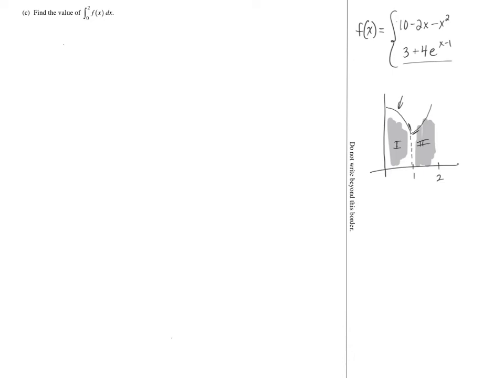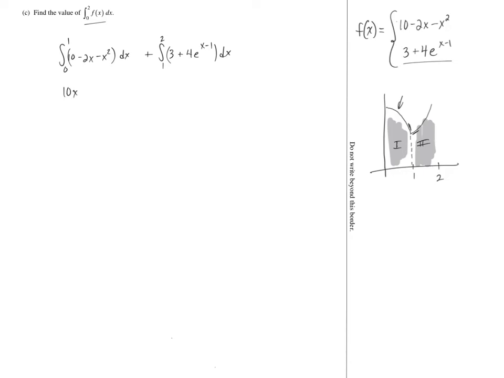So let's integrate from 0 to 1 of 10 minus 2x minus x squared dx, and then we're going to add that to the integral from 1 to 2 of 3 plus 4e to the x minus 1, parentheses around that, with the dx. It does say to find the value, so we're going to have to actually do the integration here.